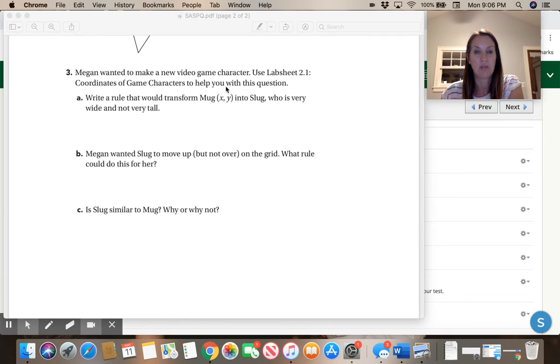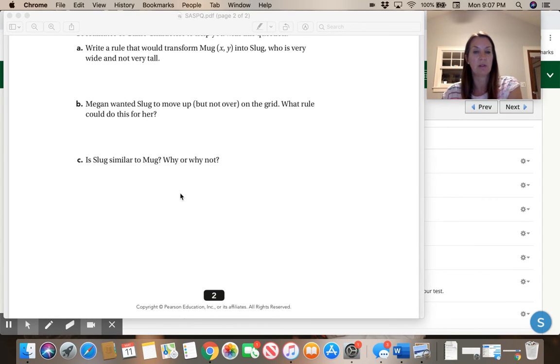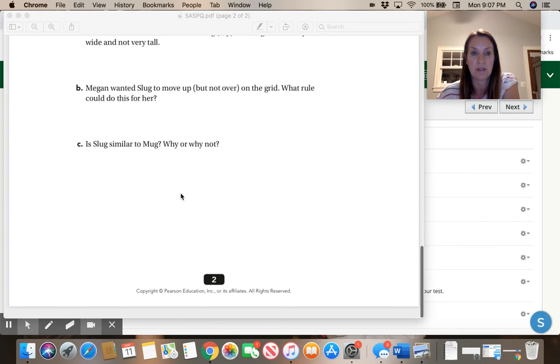So change Mug into Slug using a rule, so something x, something y, that will make him very wide and not tall. Megan wanted Slug to move up but not over on the grid. What rule could do this for her? So both of these A and B have multiple answers that could be correct. Then the last one says C, is Slug similar to Mug? Why or why not? And again, use the terminology and the details that we've been using in this investigation.